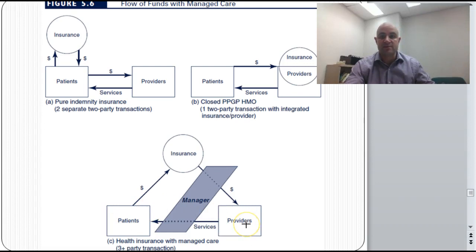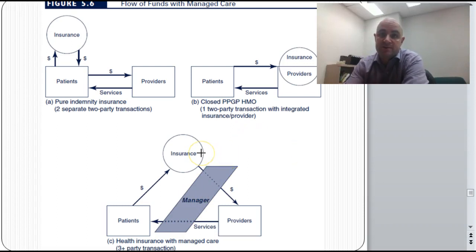The patients go to the providers, they get services, they give some money. Patients pay the insurance company their premiums, and the insurance companies pay the providers via reimbursement. So the manager manages two relationships.